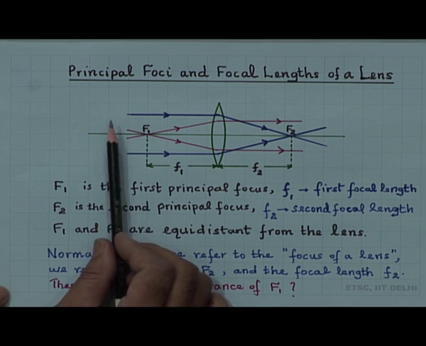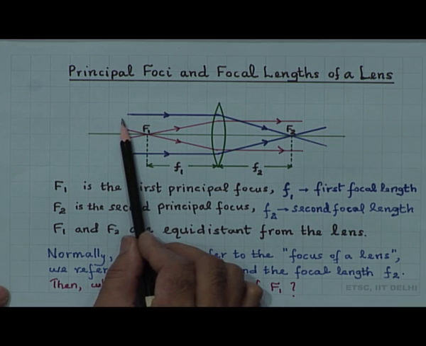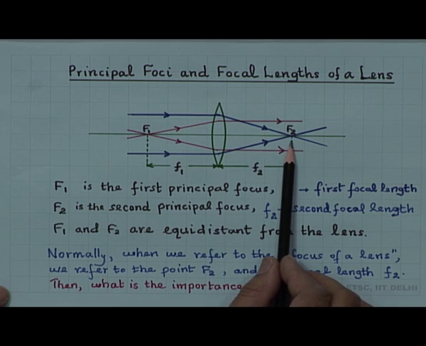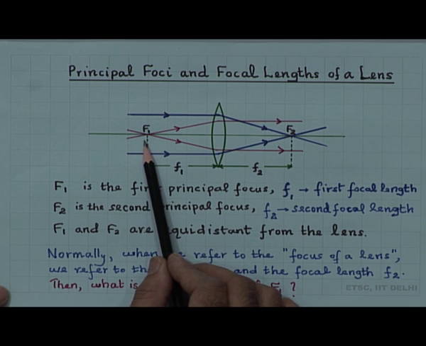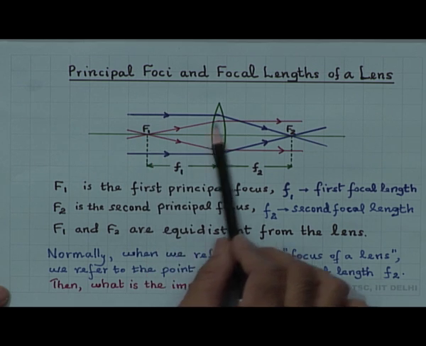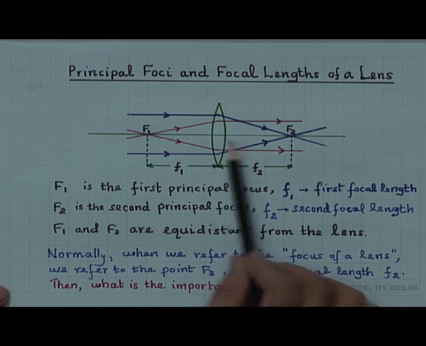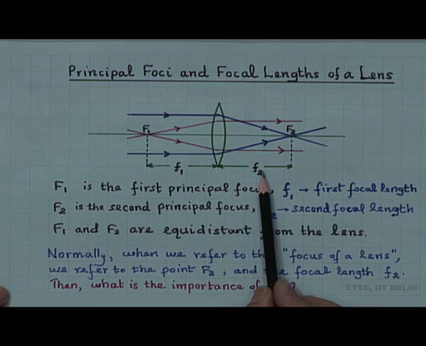Now, in this case light is travelling from here, but the parallel light is focused at the principal focus F2 and the focal length is f2, whereas light rays emanating from the first principal focus F1 will be rendered parallel. So, f1 magnitude is equal to f2.